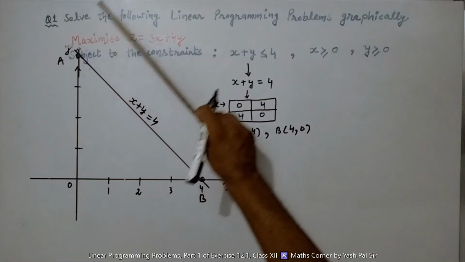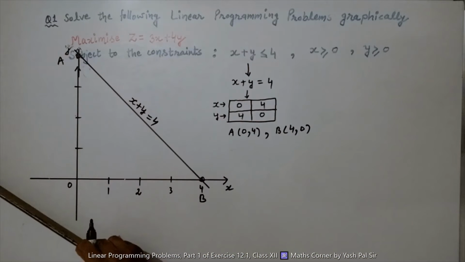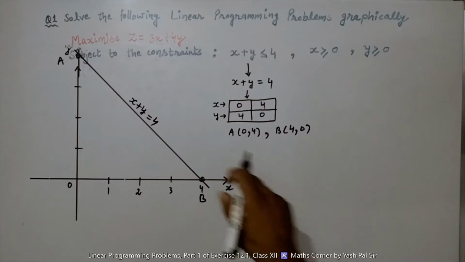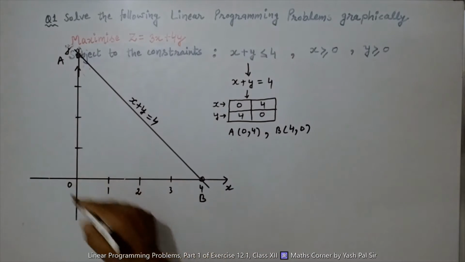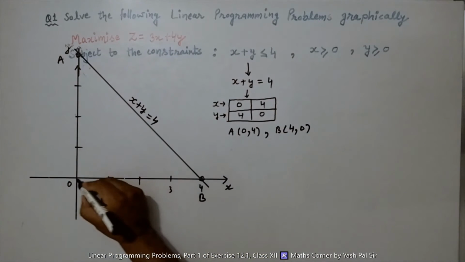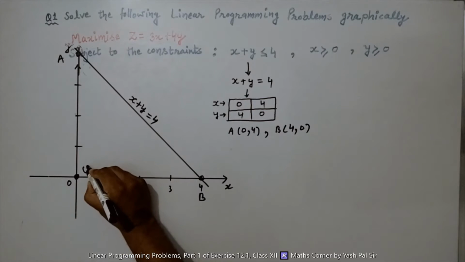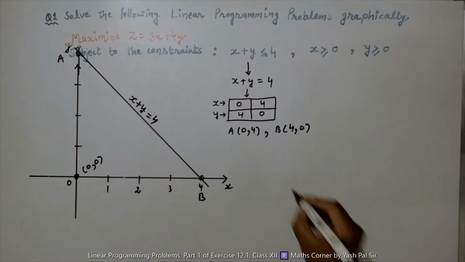One part to this side and the other part to this side. One side is to be shaded. We take any point in this plane. Suppose that the point is O. The coordinates of this point O, the origin, are 0, 0.